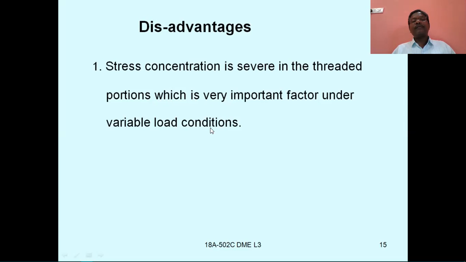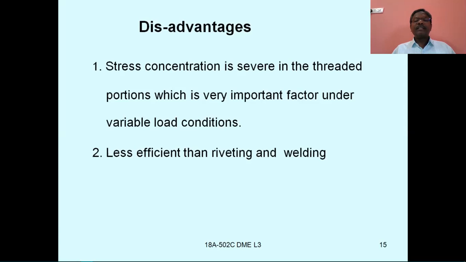The cylinder cover is fixed to the cylinder using these threaded joints, that means screw threads. In such cases, the loads are variable and stress concentrations are more at the threaded portion. This is one disadvantage. That means the threaded part may fail due to stress concentrations at the threaded portion.